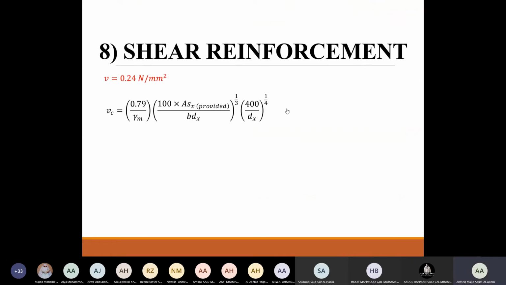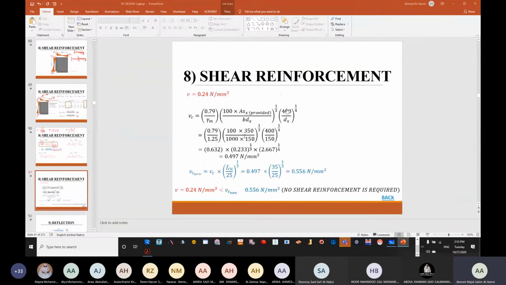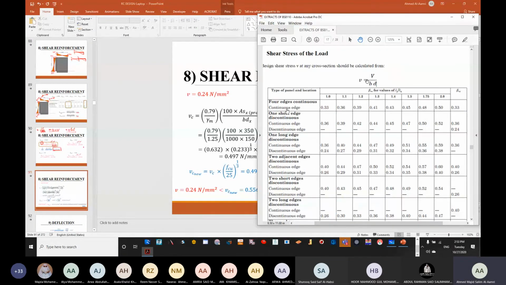After calculating V, we are going to calculate VC. Now, from where did we get this particular equation? We got this particular equation from the table here. So this is V small equals V over BD.